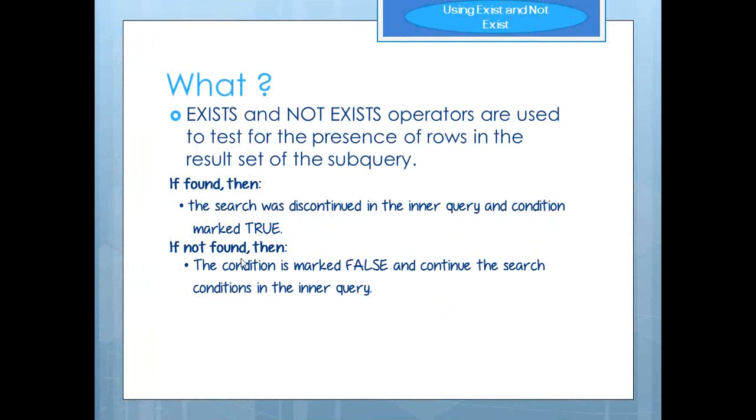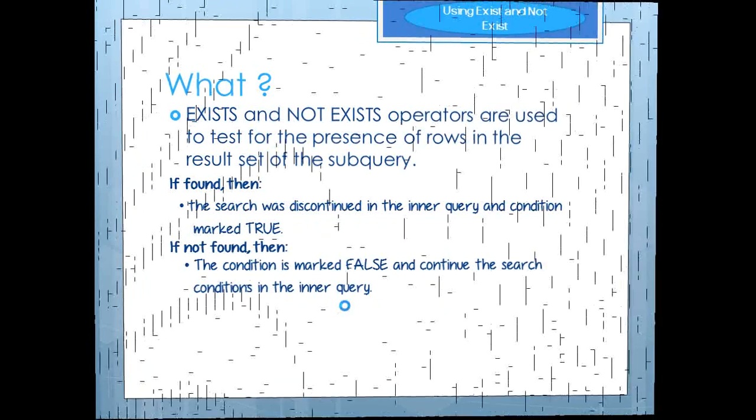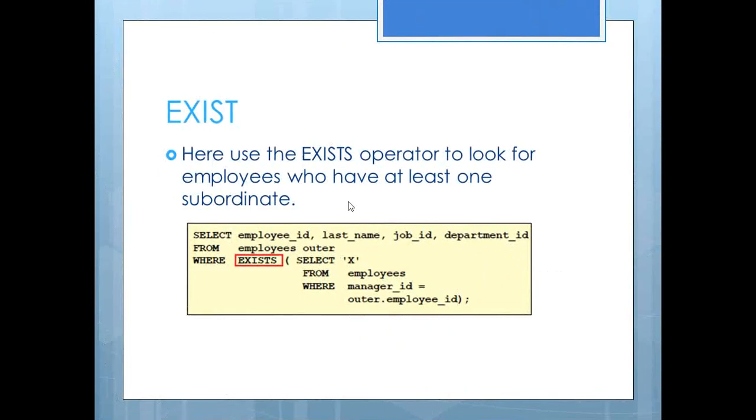If not found, then the condition is marked false and the search continues in the inner query. Exists. Here we use the exists operator to look for employees who have at least one subordinate.